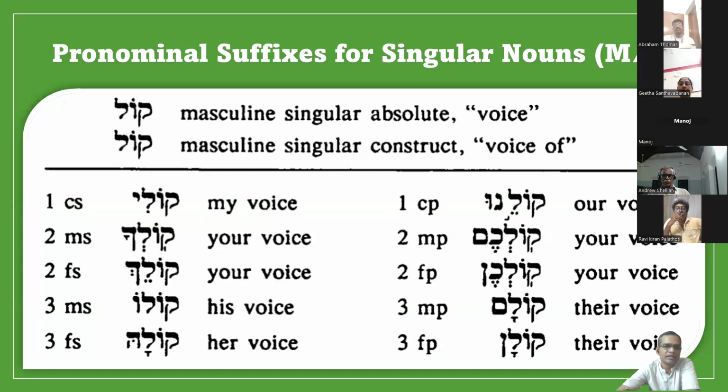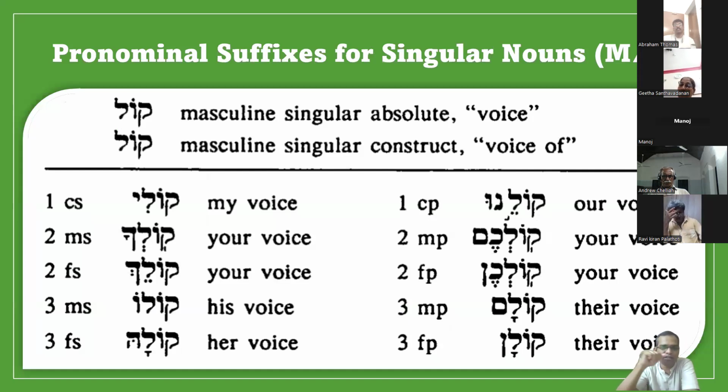Right? So one additional homework I will ask you to do is to use the word sus. Sus is the masculine singular form. So how will you add the pronominal suffix to sus?